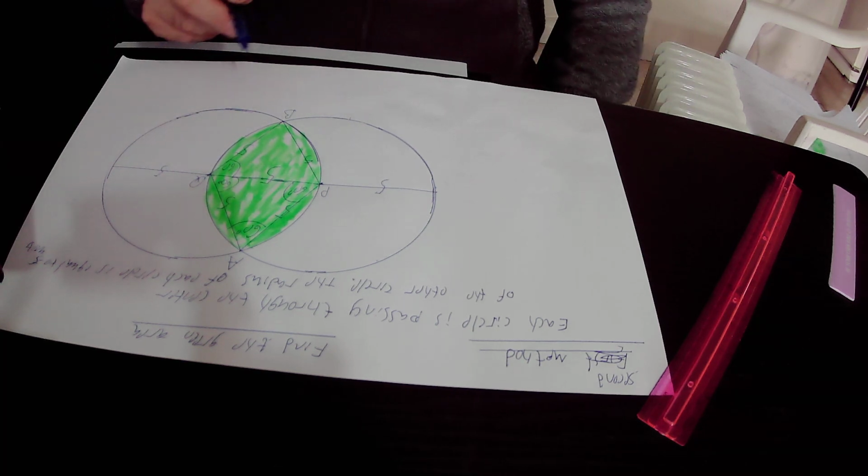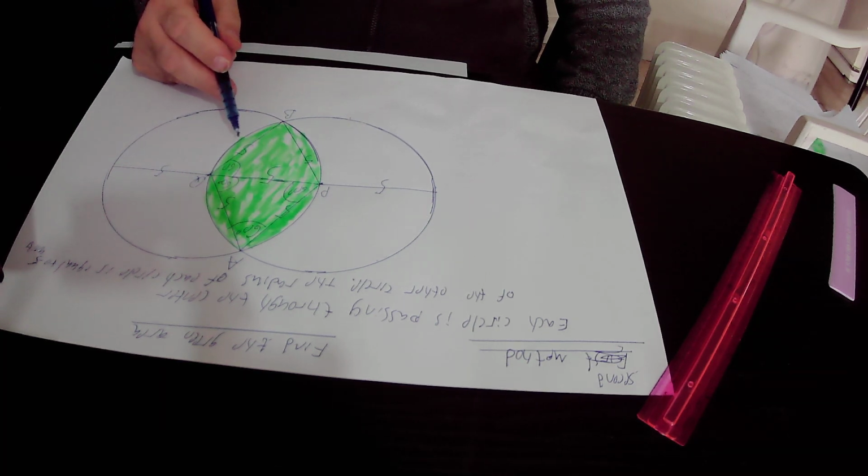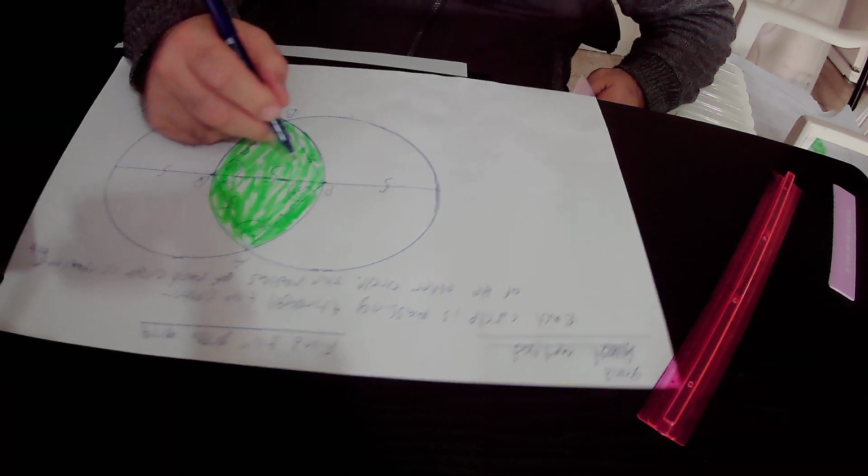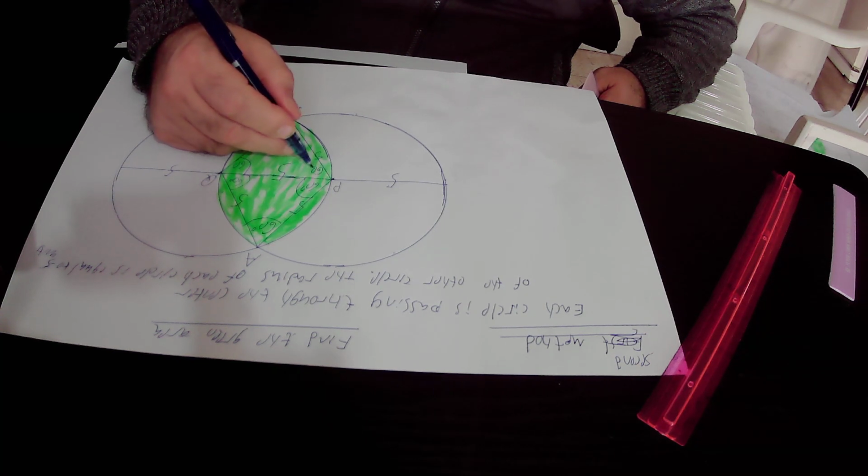The triangle PQB is also an equilateral triangle because all of its sides are equal to each other. Therefore, all of its angles will be equal to 60 degrees.